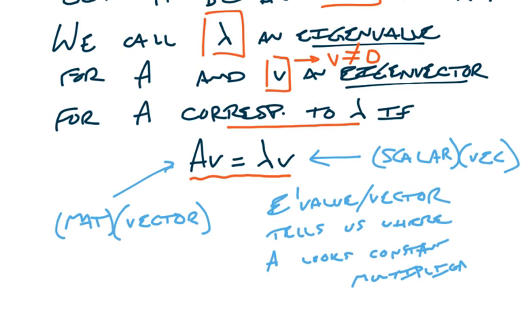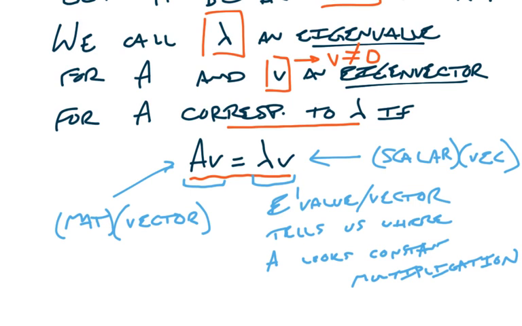Right, because what the left-hand side is saying is multiplication by A, and what the right-hand side is saying is multiplication by lambda, which is just a scalar.